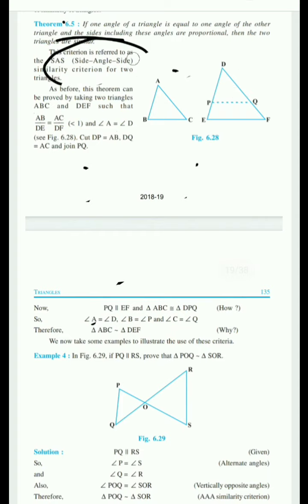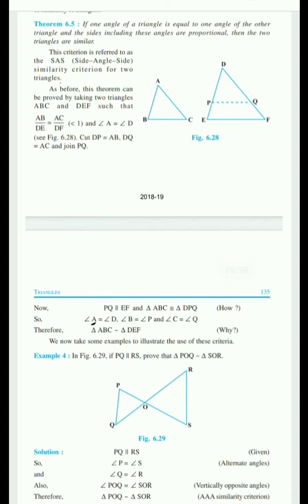So here we have to remember similarity of triangles, not congruency, and we have to learn three criteria: angle, then side, and then side angle side. But here the sides should not be exactly the same, the ratios of the sides should be the same. But angles should be exactly equal to each other.